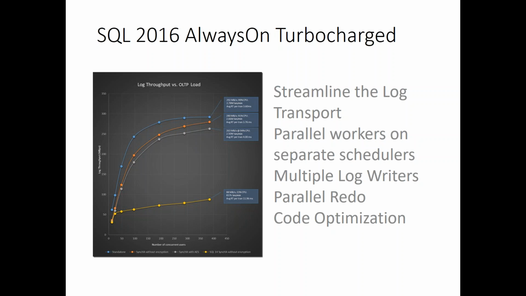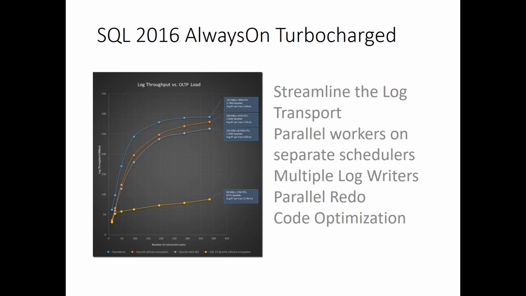Just to give you an example of the code optimization: in SQL 2014, in order to capture a log block and send it across to the secondary, we do about 15 to 16 context switches on the worker thread. We optimized that code in SQL 2016 to almost half of those context switches. So now we do only about 7 or 8 context switches while capturing the log block and sending it to the secondary.